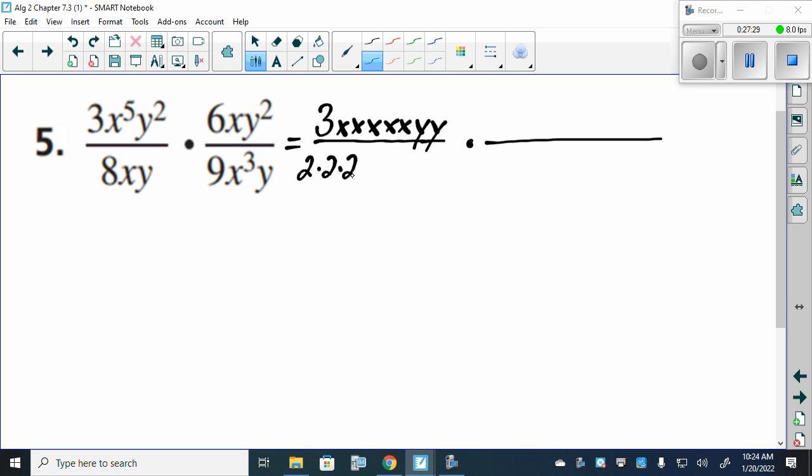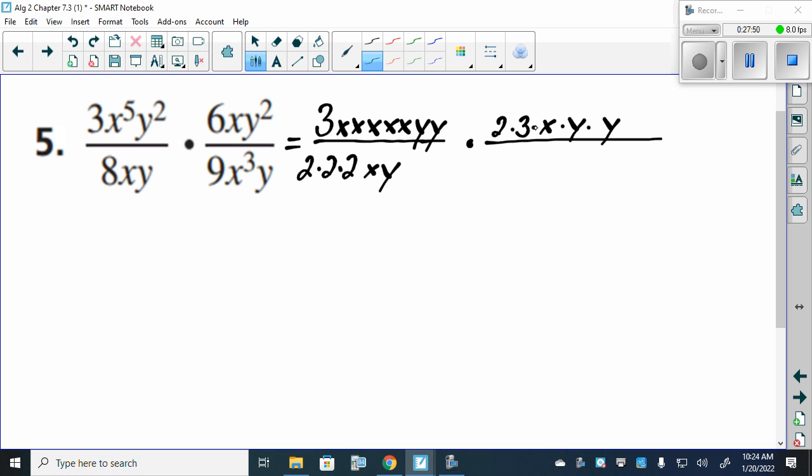Well, 8 as a prime factorization would be 2 times 2 times 2. Because if we factored it all the way down, it would be 2 times 2 times 2. And we can do the same thing, and here we would have x and y. For the other one, 6 is 2 times 3 if we write it as prime factors, x and y times y.